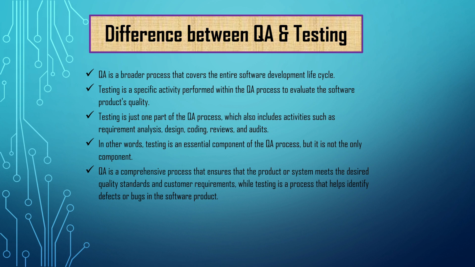While testing is a process that helps to identify defects or bugs in the particular software product. So as part of QA, you are creating the process to meet the quality standard, and as part of testing, you are actually applying that process and executing your test cases in order to find the bugs in a software product.